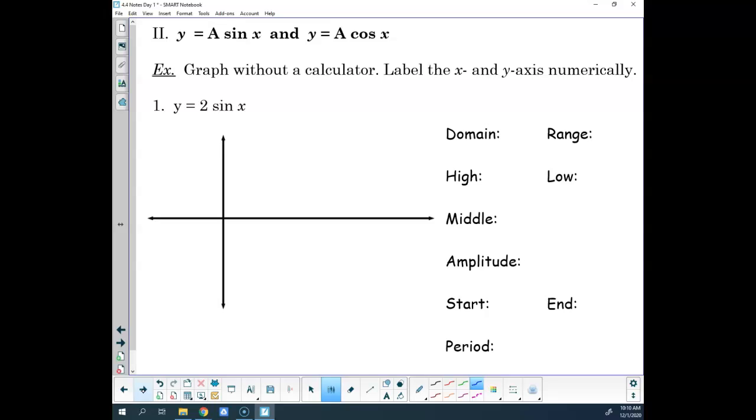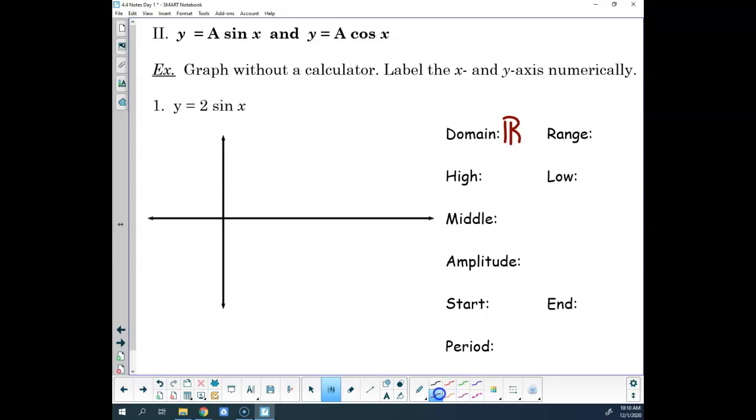There are 9 things that we like to find before we go to the graph from each function. And for today, most of them will be the same. As we get more and more into B's, C's, and D's, then they'll all be shifting a little bit. But for all sine and all cosine functions, the domain is all real numbers.